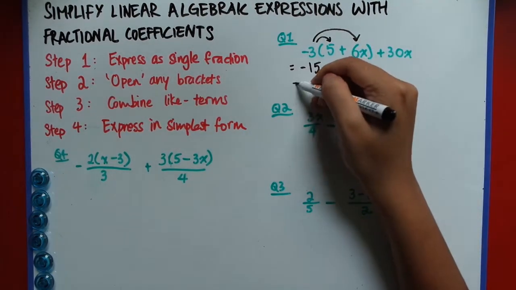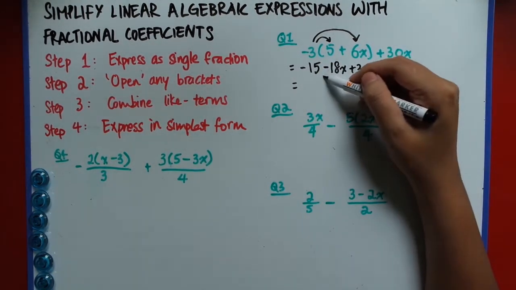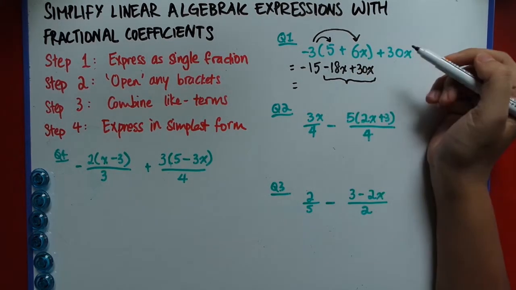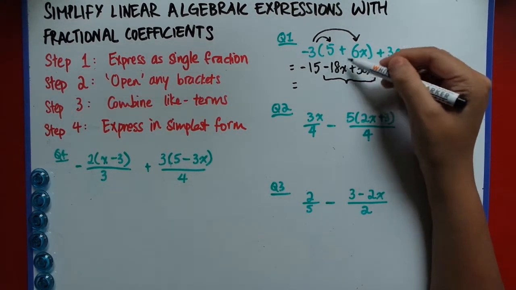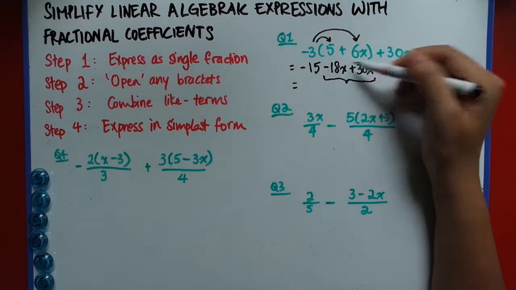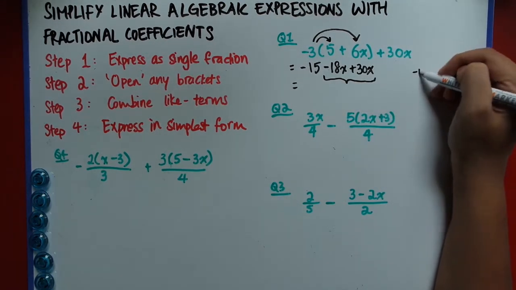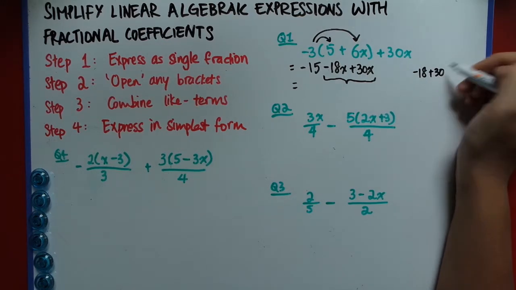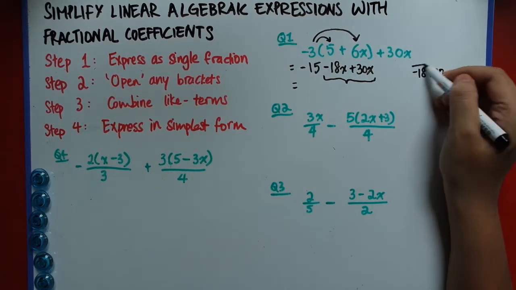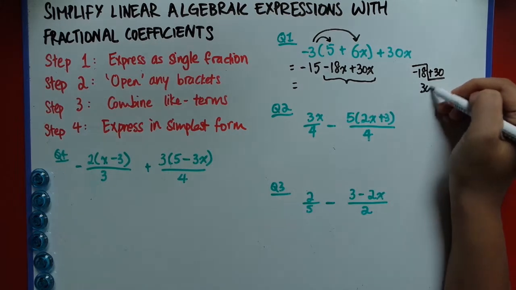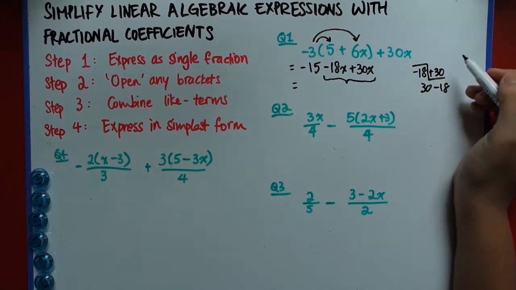Now the next step is to combine the like terms. These two are what I call like terms, because they have the same coefficient, so you can simplify this further. It's basically minus 18 plus 30. If you have problems visualizing this, I usually like to swap their position. So it's 30 minus 18. That's a lot easier to deal with.